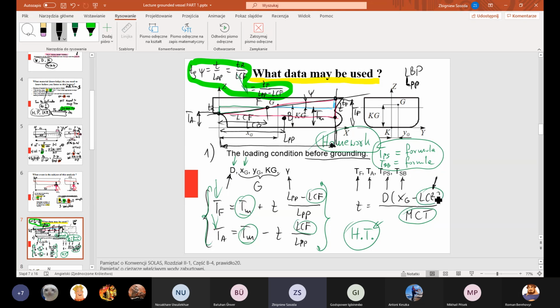LCB is the longitudinal center of buoyancy. LCF is the longitudinal center of flotation. F is here on the waterline. B is somewhere underwater, beneath the water surface, more or less half of the draft. Fine. Okay, sir. Thank you.